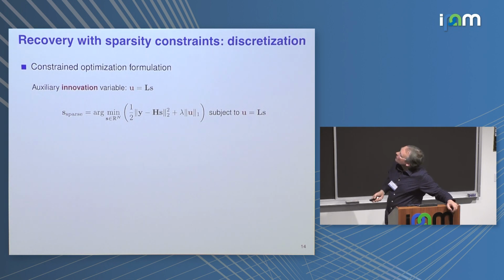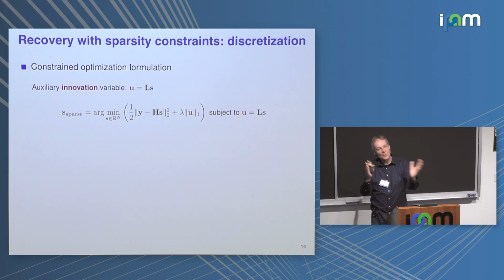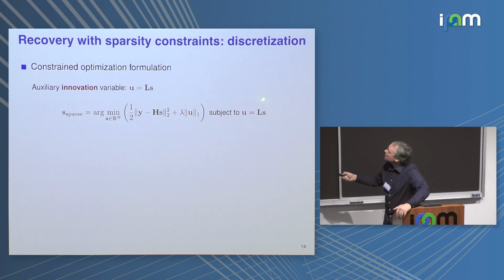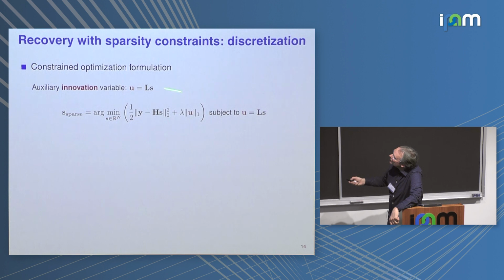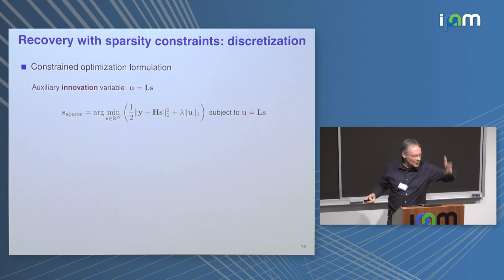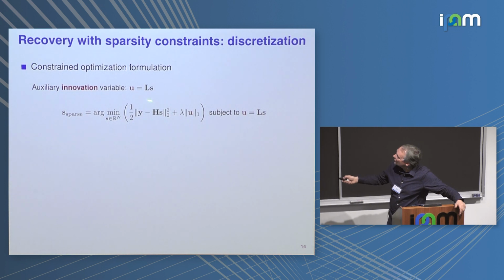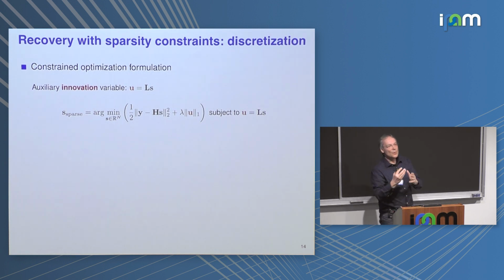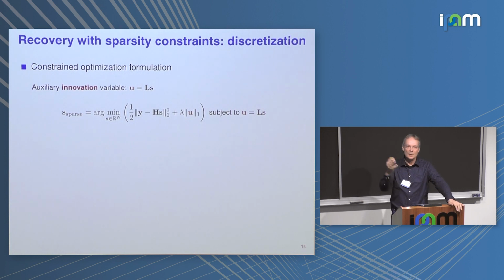Recovery with sparsity constraints. This was a theorem. How do you do it in practice? You have to discretize. So here we discretize like that. This S is a bunch of expansion coefficients, let's say pixels. Remember the regularization was imposed on some operator acting on the signal.